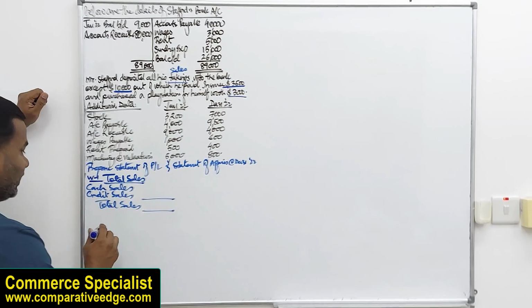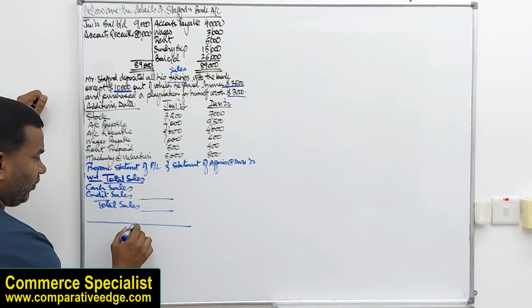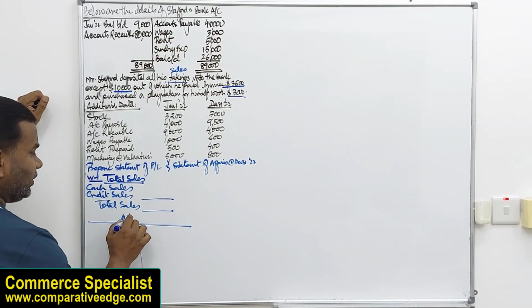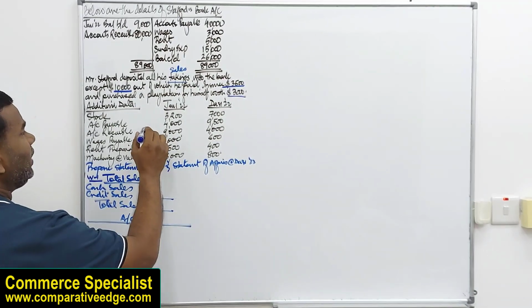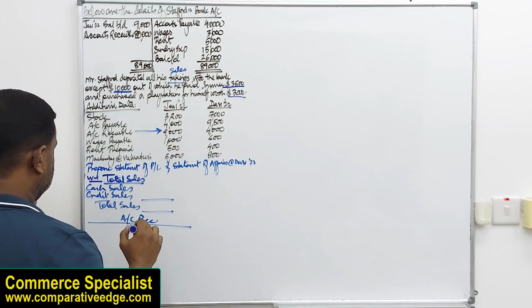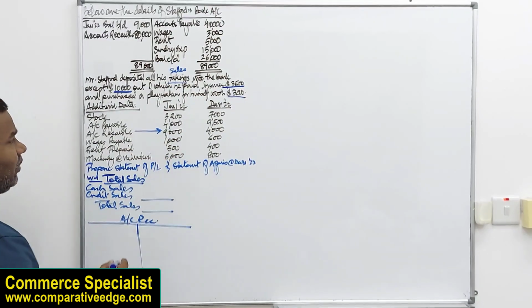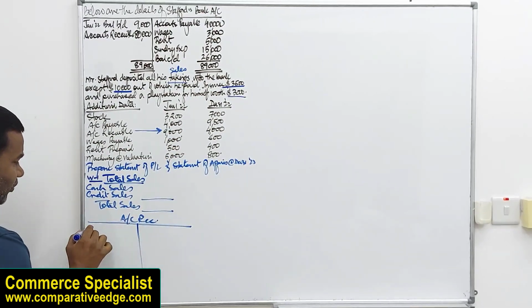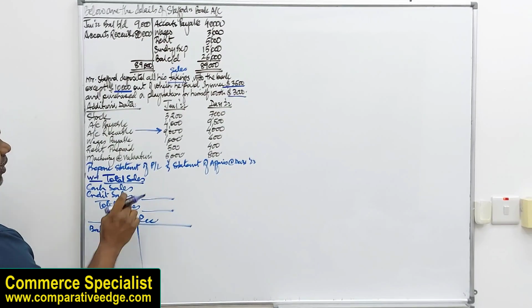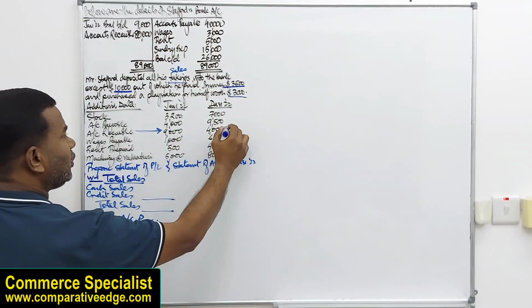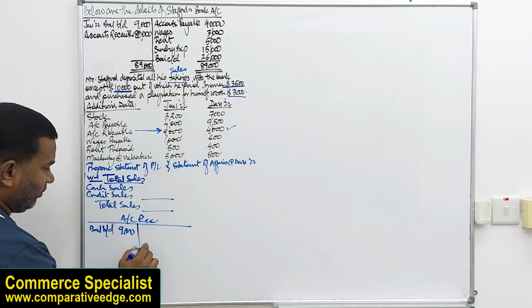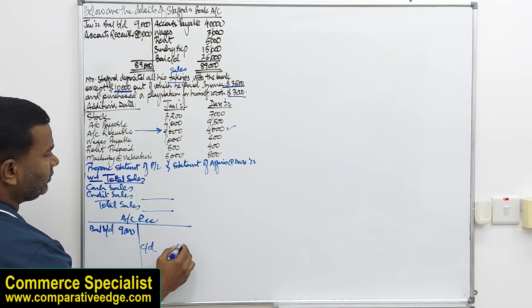For credit sales, please remember we need to prepare a T account for accounts receivable. When we're preparing the T account for accounts receivable, look at the opening balance. Receivables are assets, so the opening balance, brought down balance, will always be on the debit side, which is 9,000. And the closing balance of all assets is on the credit side. I'm writing here carried down 4,000.